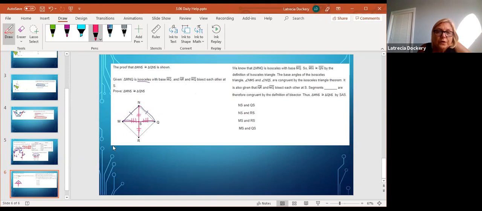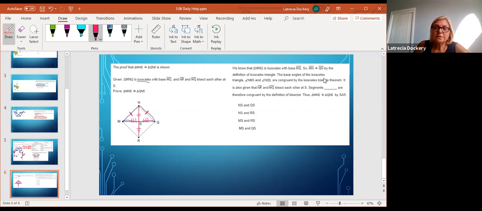So prove that triangle MNS is congruent to triangle QNS. We know that triangle MNQ is isosceles with base MQ. So MN is congruent to QN. That's what we did right here by the definition of the isosceles triangle.